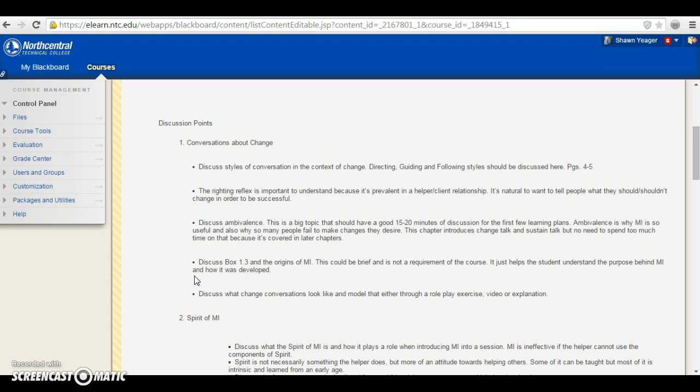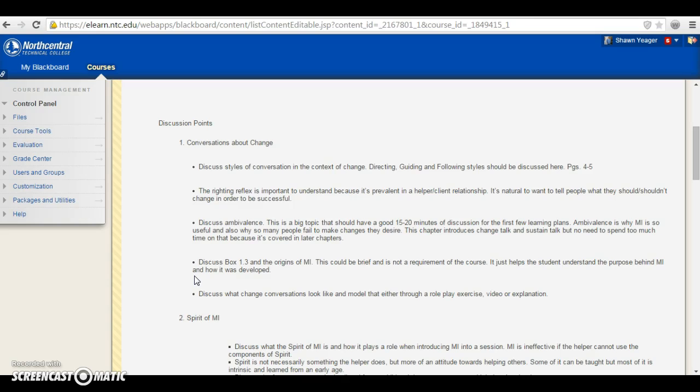And it really comes from, if you're familiar with Carl Rogers' person-centered therapy, it's really focused on the therapist or the counselor or the helper sitting in the passenger side and allowing the client to drive the car, so to speak, in the change process.